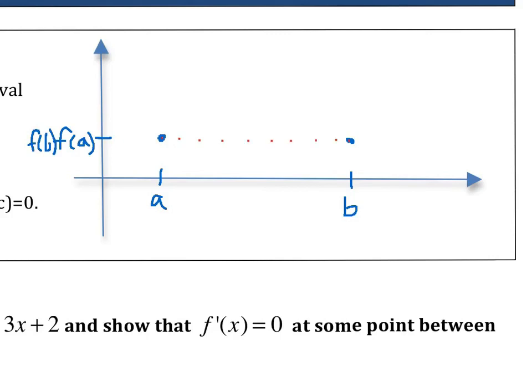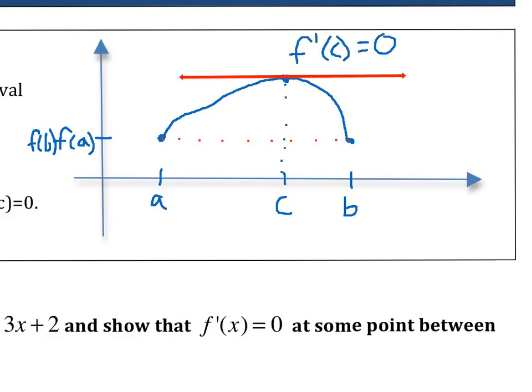What that's telling me is that somewhere on this function, the derivative is going to equal 0. So there's going to be some c value where the derivative at c is equal to 0, and so basically we get a tangent line of slope 0.